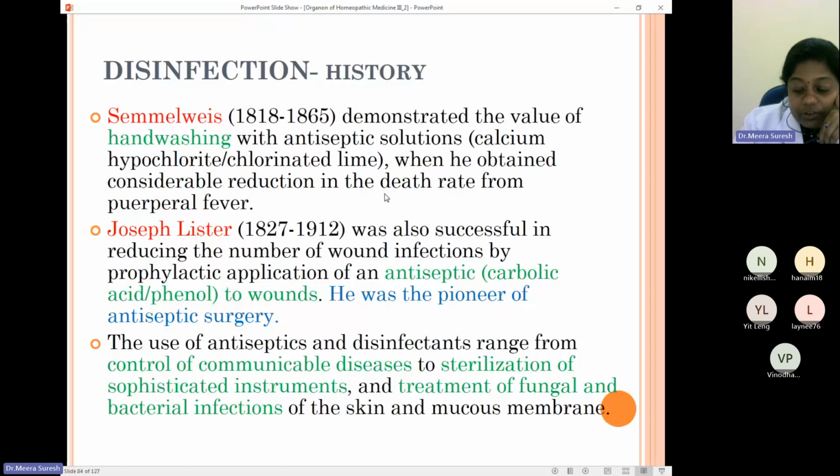Clinic A was actually run by physicians or surgeons, actually the doctors. And clinic B was run by midwives. So he could find only that difference between both the clinics. Nothing else he could find as a common reason for this.